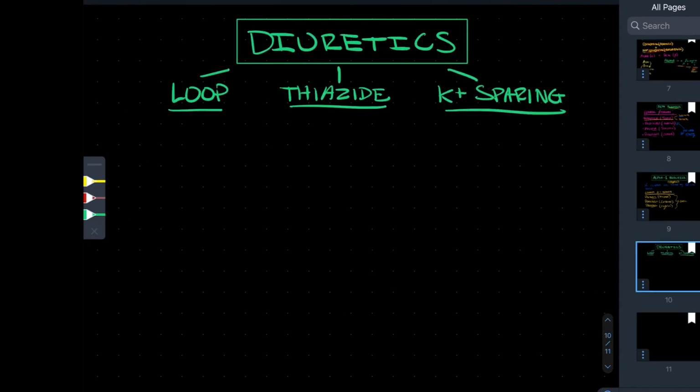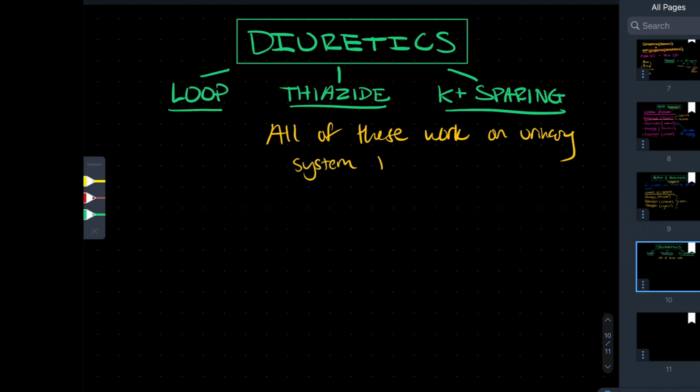And finally, we have our diuretics. So all of these work on the urinary system to increase elimination of water and sodium.